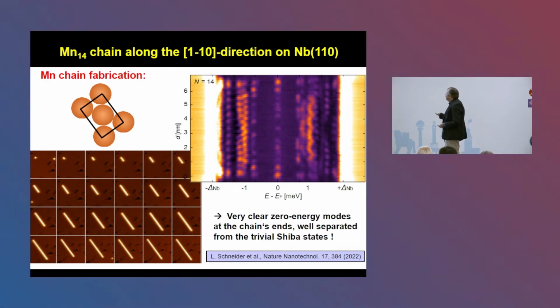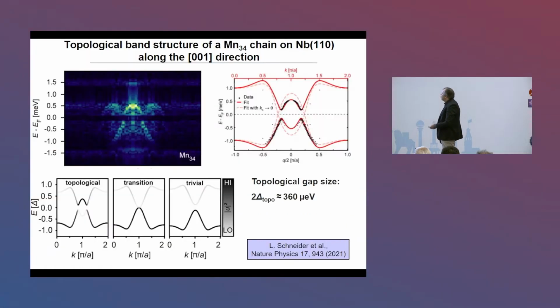And we could really map out the predicted zero energy modes here, very well separated from all the finite energy states, which are trivial. And we could even determine the topological nature of the gap structure. And this is seen here. As I explained on Monday, we do this by Bogoliubov quasi-particle interference and Fourier transformation afterwards.